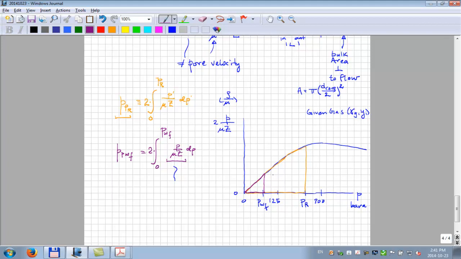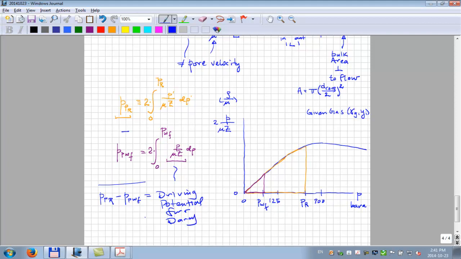And it's the difference between these two, that minus that, that's our driving potential. This minus this is our driving potential for Darcy's law.